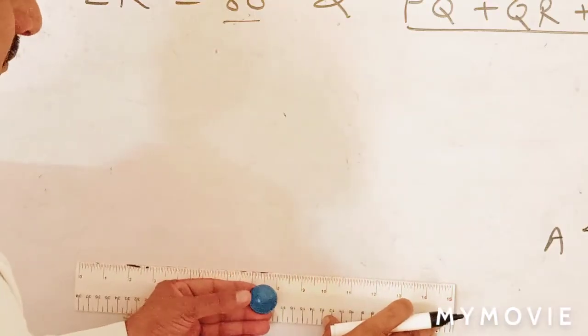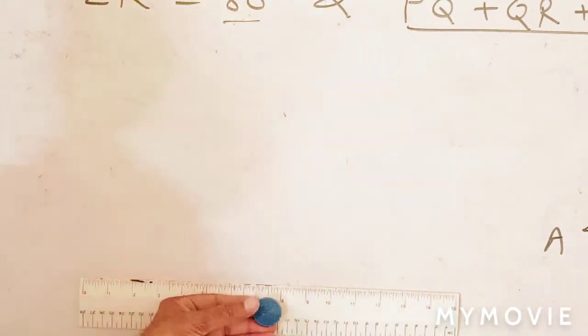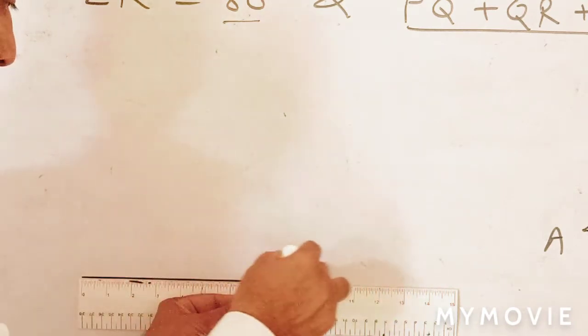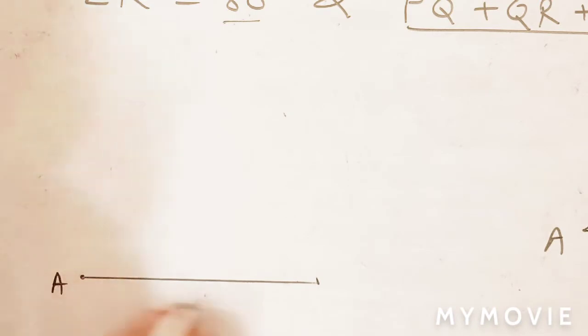Base with perimeter 9.5. Therefore draw a segment of 9.5, give it the name AB. In the rough figure we have given the name AB. After that, what is angle Q? 70.